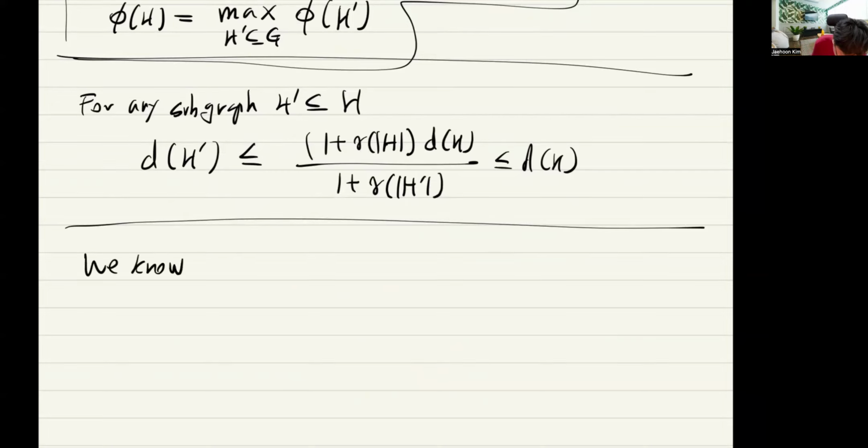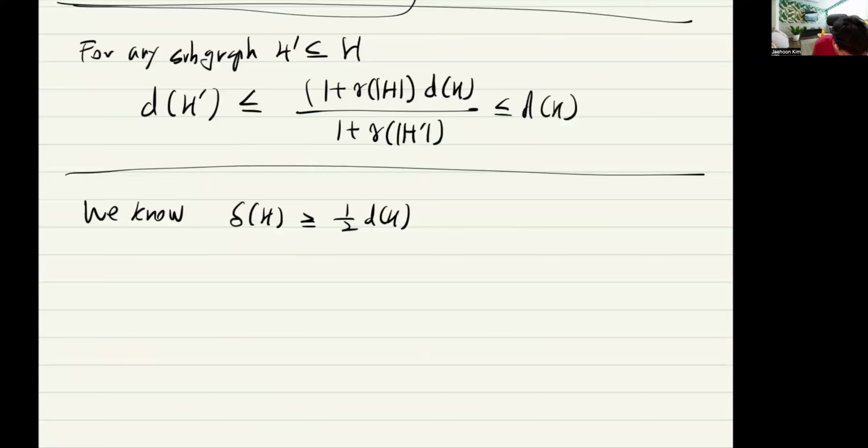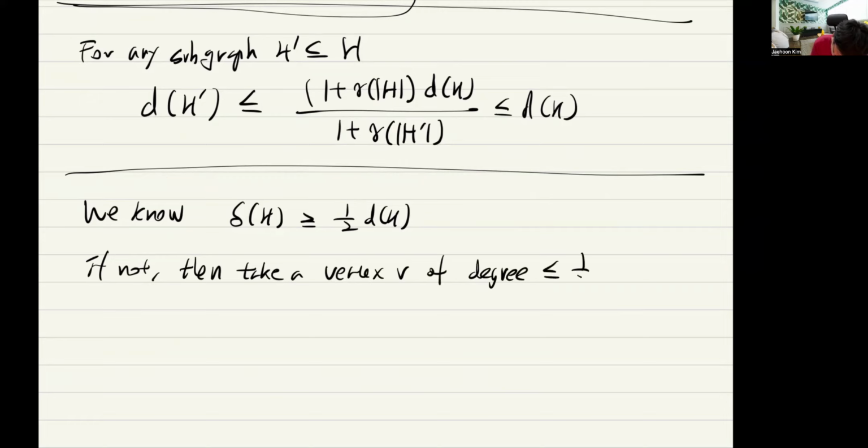Also, we know that the minimum degree of H is at least half times the average degree of H. Indeed, if not, then we take a vertex v of degree less than half times the average degree.